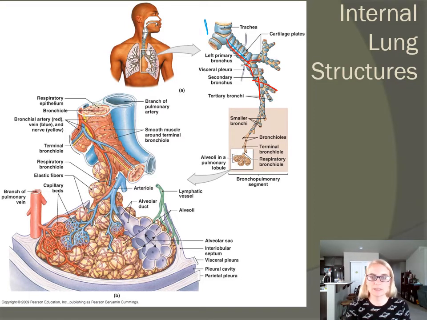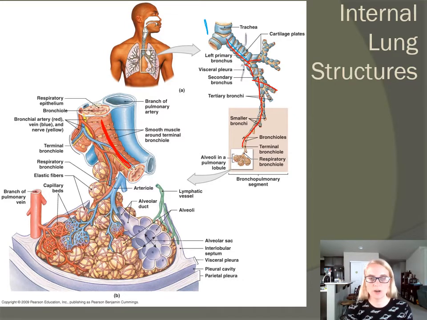The cartilage plates and the cartilage rings help to keep those open. Then we go all the way down to the terminal bronchiole, right here. We can see it's no longer surrounded by the cartilage rings, it has smooth muscle.